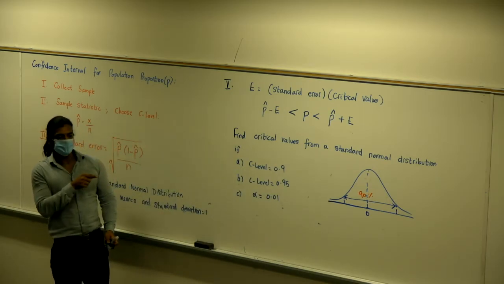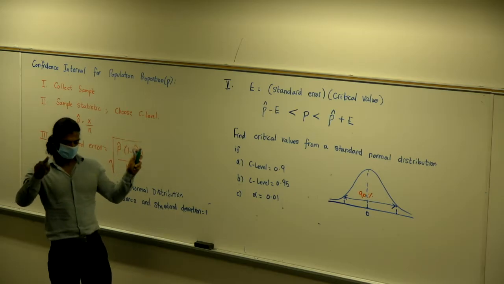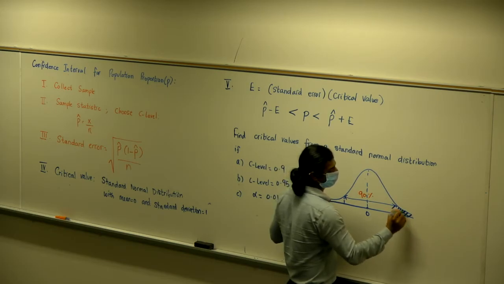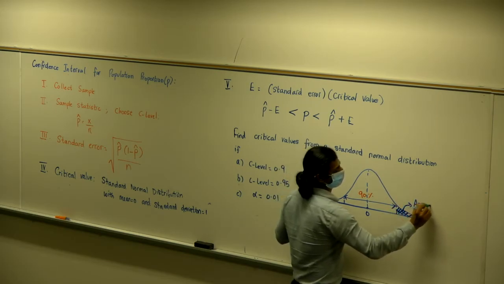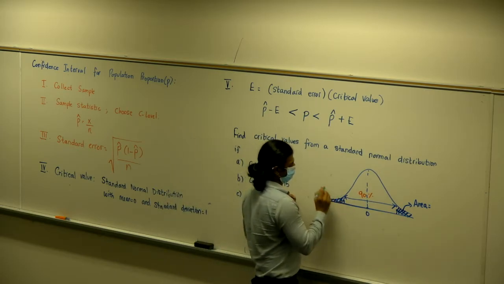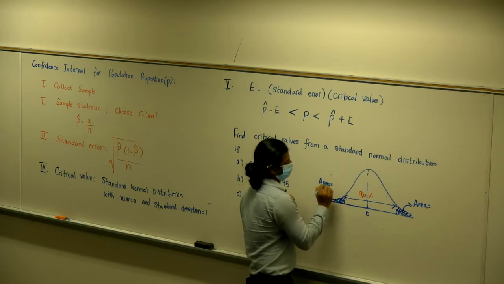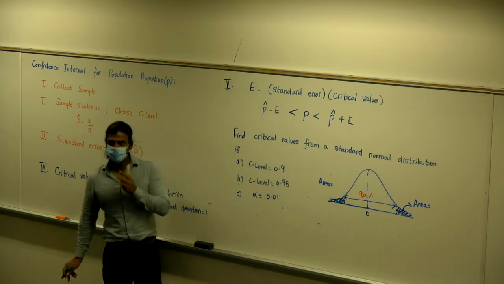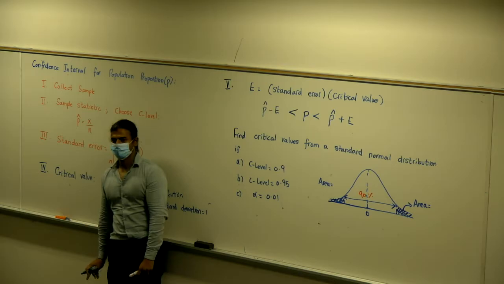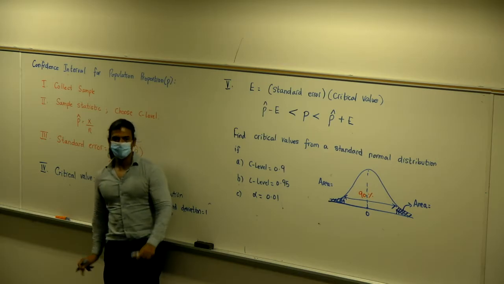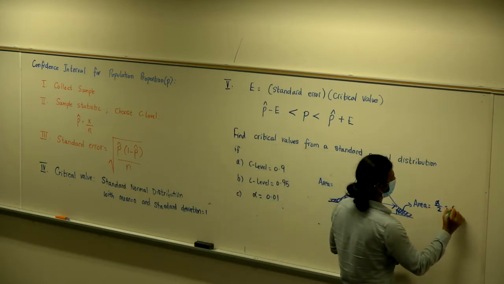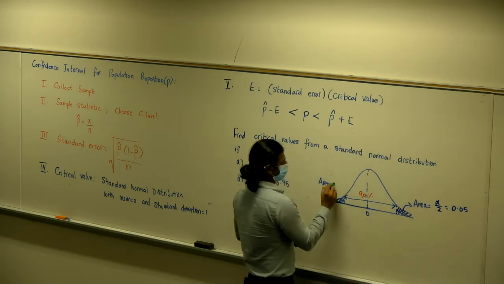If I have 90% in the middle, what percent is on either side or tail? 5%. And if the C level is 0.9, what is the value of alpha? 0.1. It's just 1 minus 0.9, so this is alpha over 2.